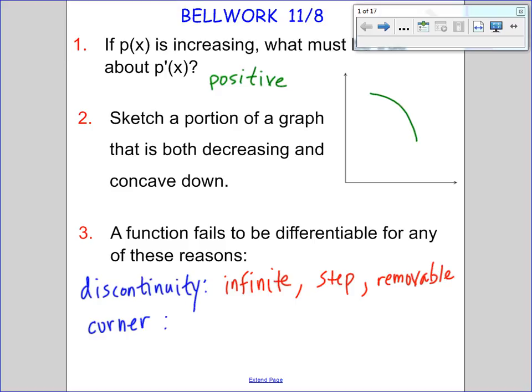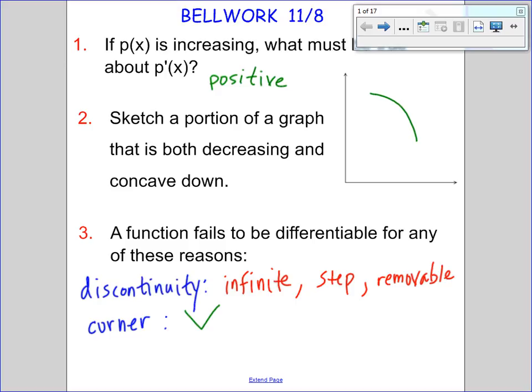Therefore, the overall slope does not exist. And if derivatives refer to the values of the slope of a function, then the overall slope doesn't exist means that the derivative does not exist. Classic example would be our absolute value function, right? Where the left-hand slope does not match the right-hand slope, and yet they both exist and equal a finite value.